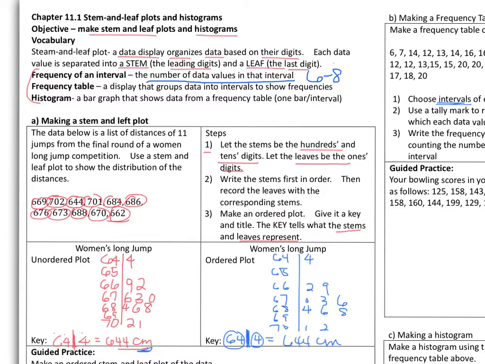And if a number occurs 3 times, then the frequency would be 3. And the frequency table is just a display that groups data into intervals to show frequency. Frequency just means the number of times a number shows up. Okay, and I'll come back to histogram later.